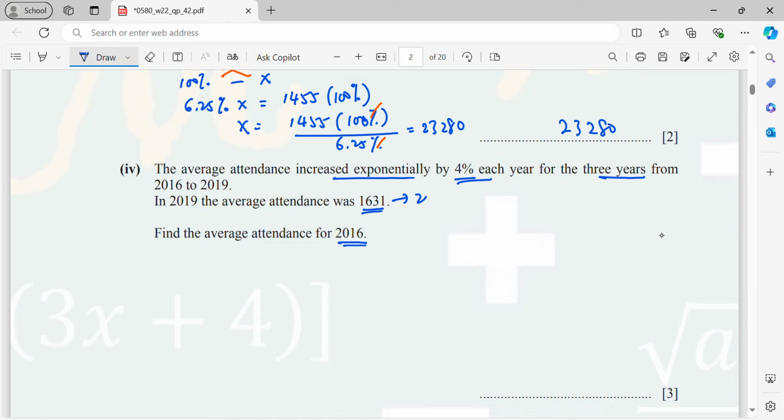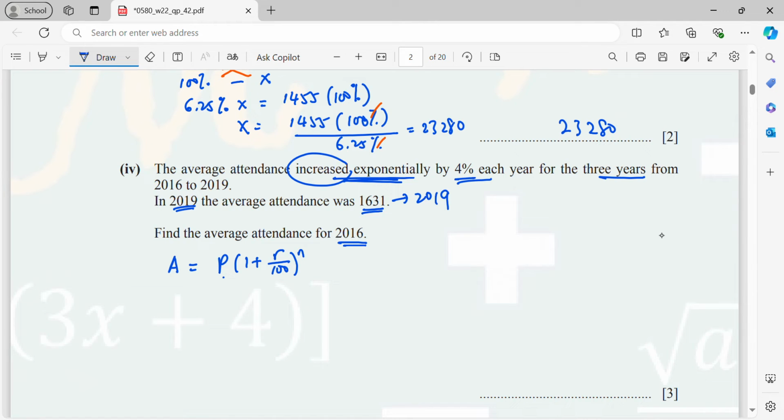Since it is increased exponentially, I will just write A equals P of 1 plus R over 100 to the power of n. Here plus is because of increase. Now this A is basically the value in 2019. P is the principal value, that means the average attendance in 2016.